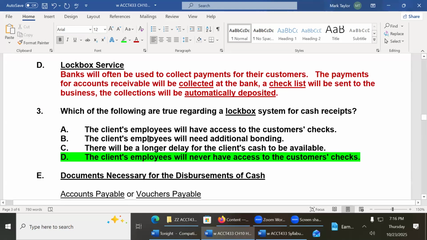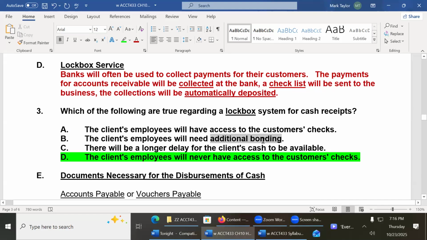Because, as you said, the lockbox system is used to reduce the risk of theft and speed up the collections. Yeah, it does. It speeds up the collections because the deposit's automatic. You don't have to have someone make the deposit slip, go over to the bank, compare the deposit slips to the cash register tape and to the checklist, and all that kind of stuff in between. There's no additional bonding at all.